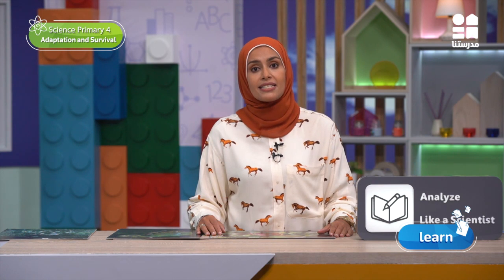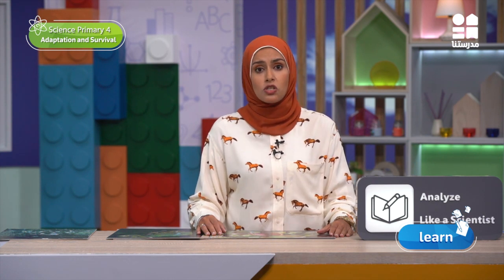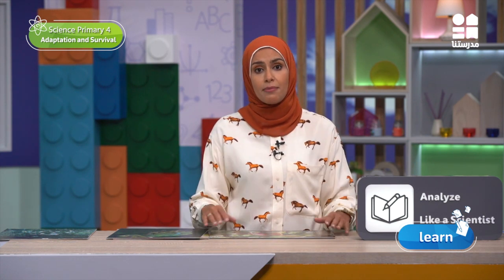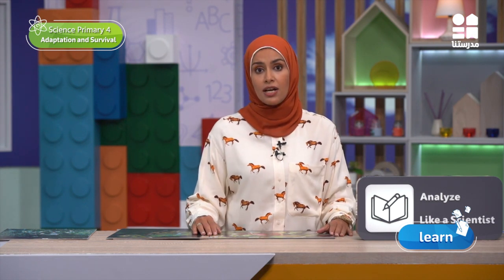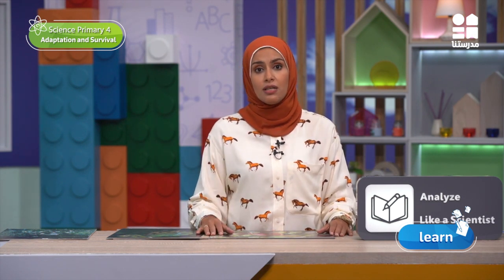Let's start with the acacia tree and underline its environmental conditions, which means how the surrounding environment looks. Secondly, its structural and behavioral adaptations that help it survive. Let's start reading and analyzing the umbrella acacia, page 14, and the first part on page 15.